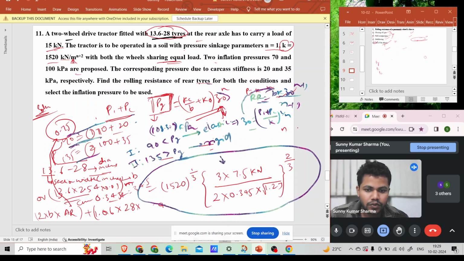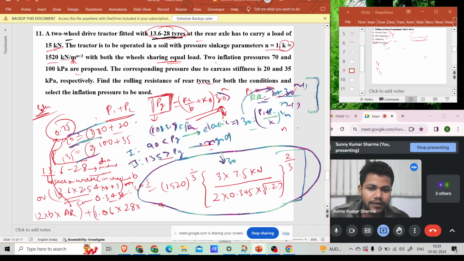And the z0 that we calculated from this side, we will put in for rigid mode because this is the formula for rigid deformation. This z0 we will put in this rolling resistance, then we will get rolling resistance in case of rigid mode. Z0 we will put only for the minimum 90, pi plus pc.